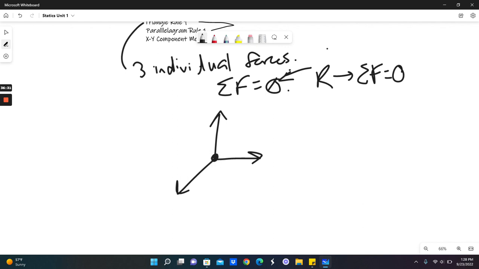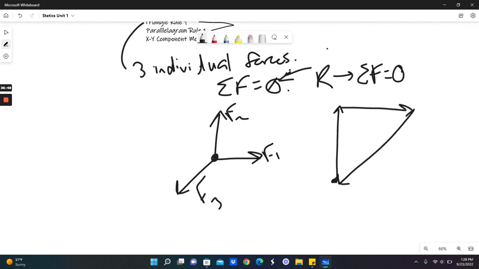So let's say F1, F2, and F3. In our triangle, we're going to connect them all head to tail. Let's start with F2 in this case, then F1, then F3. You see they all go in the same direction. It's all going clockwise in this case.